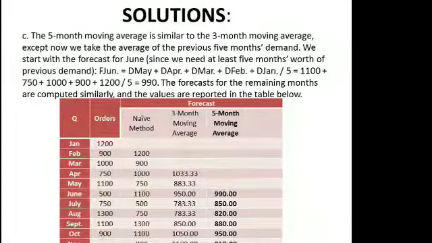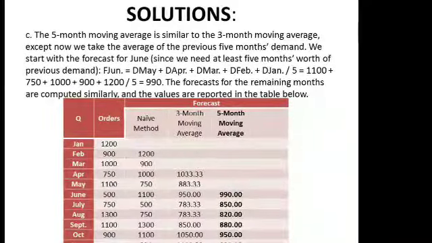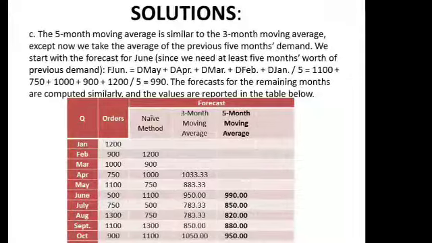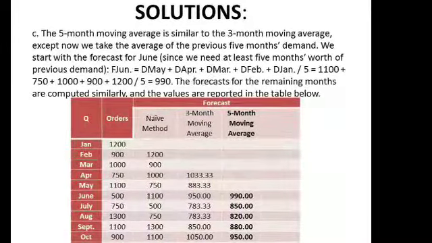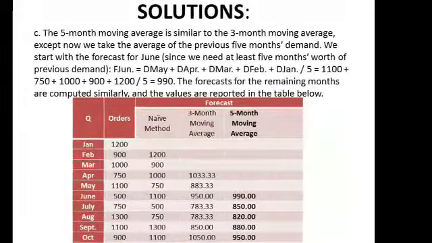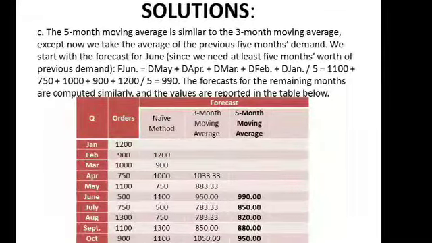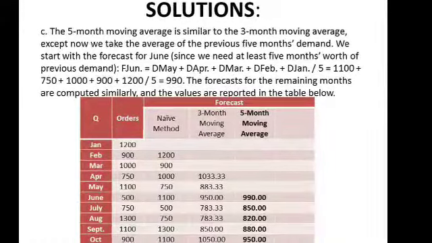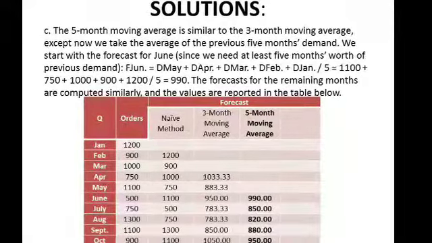C. The 5-month moving average is similar to the 3-month moving average, except now we take the average of the previous 5 months' demand. We start with the forecast for June, since we need at least 5 months' worth of previous demand. The forecast for June equals the demand in May plus April plus March plus February plus January, divided by 5.